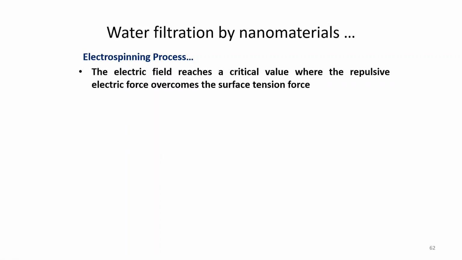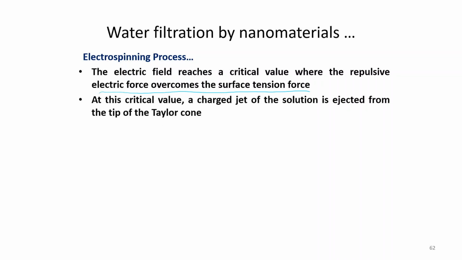When we increase this electric field, it reaches the critical value where the repulsive electric force overcomes the surface tension force of the polymer solution. When it overcomes the surface tension, the charge starts to be ejected and it starts forming the Taylor cone.